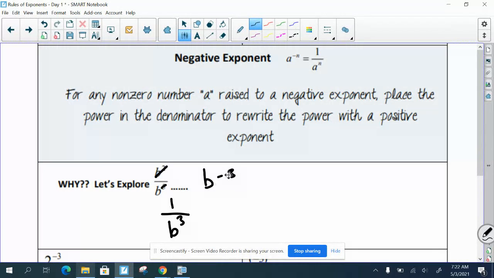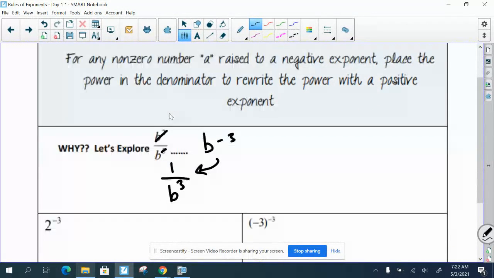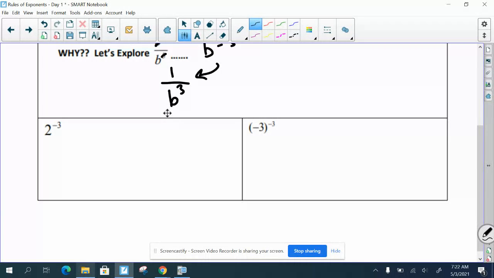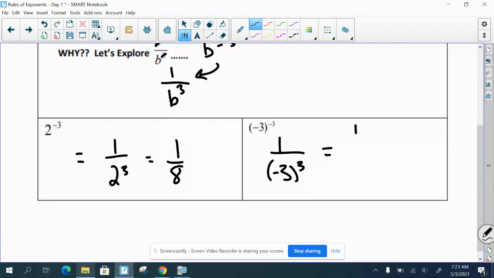So that means anytime you have a negative exponent, you have to rewrite it as a positive exponent by flipping it. All right, so this would be 1 over 2 to the 3rd, which is 1 over 8. And then this would be 1 over -3 to the 3rd, which would be 1 over -27. If you have an even exponent, then the negative cancels.